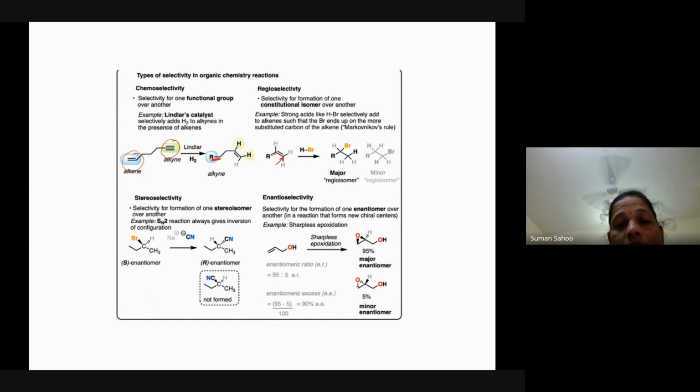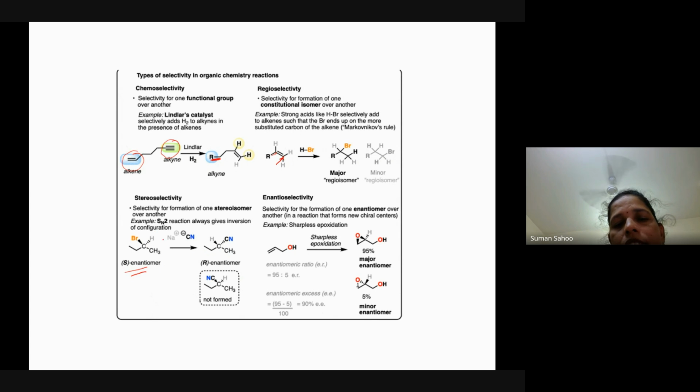Next comes your stereoselectivity. In case of stereoselectivity, you have selectivity for formation of one stereoisomer over another. As we know, an SN2 reaction always gives inversion in configuration. That means if we start with S enantiomer, we always get an R enantiomer.